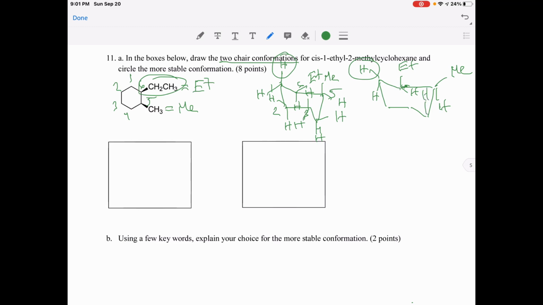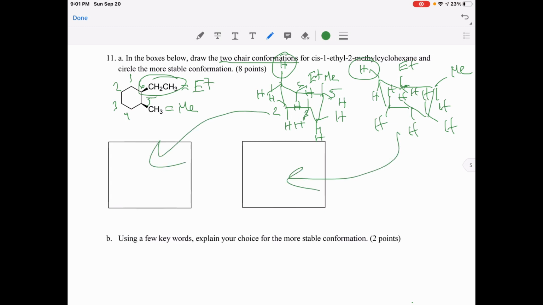And I'm just going to fill out the other ones, just to be thorough. As I mentioned earlier, let's ignore all the other hydrogens. And so we've drawn out the two chair conformations.